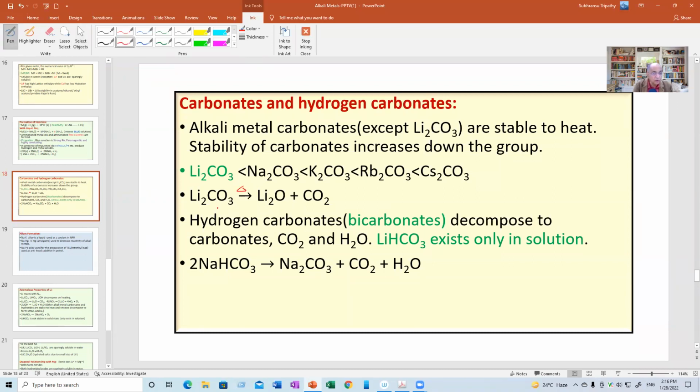So only lithium carbonate breaks down to lithium oxide and carbon dioxide. These are resistant to heat. Bicarbonates decompose to produce their carbonates, carbon dioxide and water. The only exception is lithium bicarbonate, which is not to be recovered in the solid state. It is unstable and can only exist in aqueous solution. In situ, you can prepare it, but you can't isolate it in the solid state.